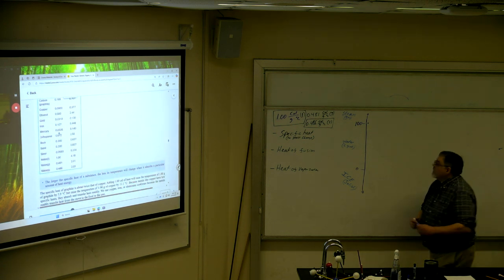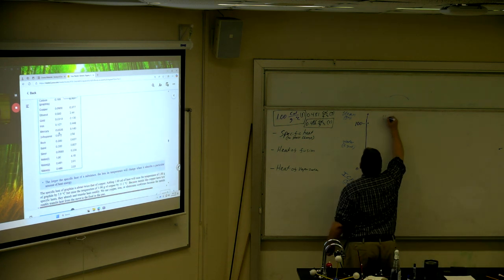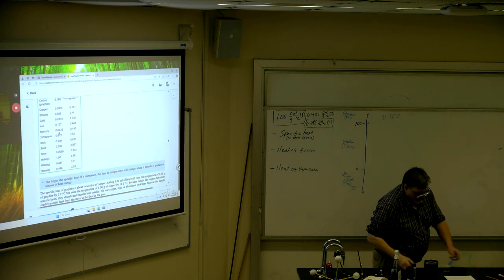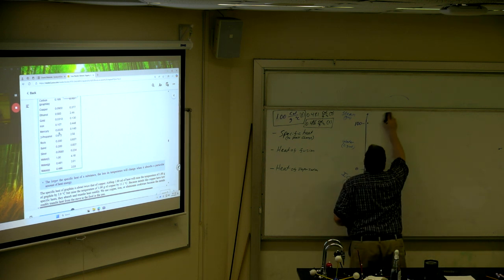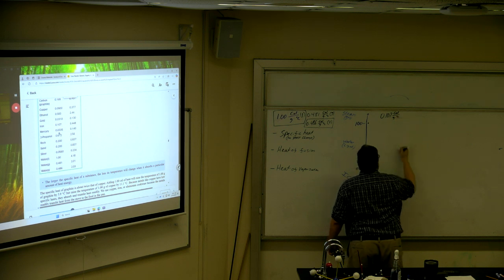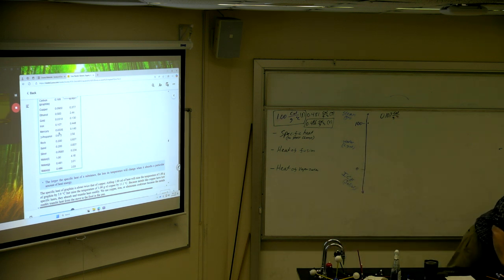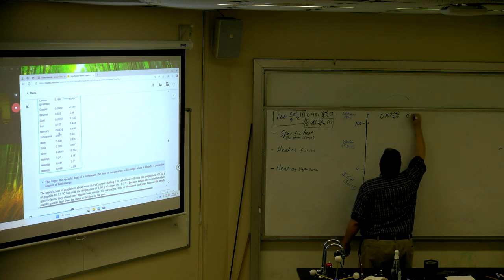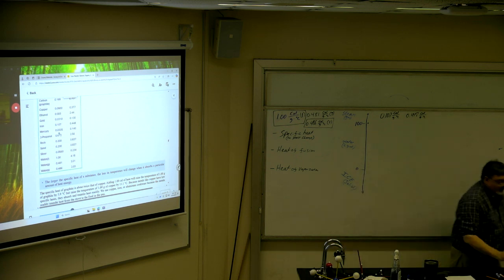Iron, 0.107 calorie per gram per degree C. And for joules, it's 0.448. Now I can calculate these.